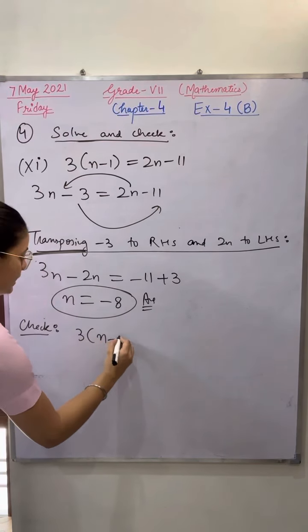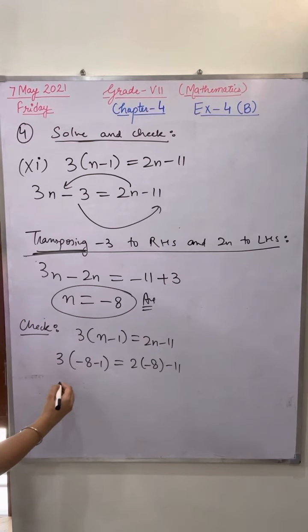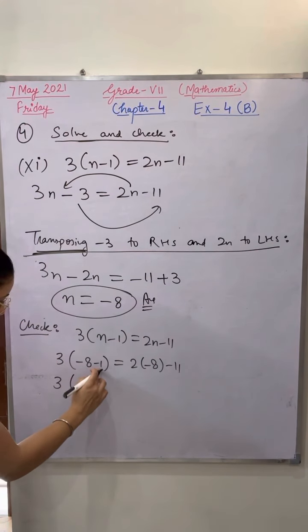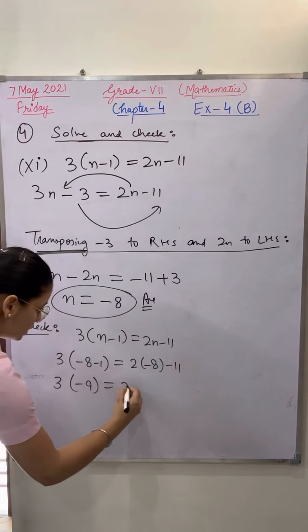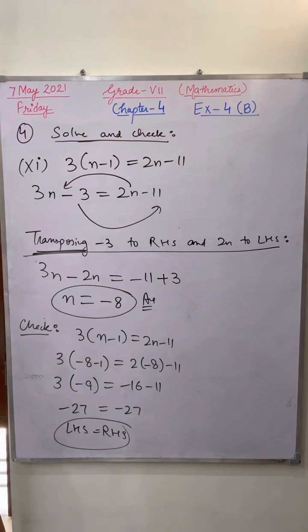Put the value of n. 3 multiplied by minus 8 minus 1 is equals to 2 multiplied by minus 8 minus 11. 3 multiplied by minus 9 is equals to minus 27, and 2 multiplied by minus 8 is minus 16, minus 11, minus 27. So left hand side is equals to right hand side, and hence we have verified the question.